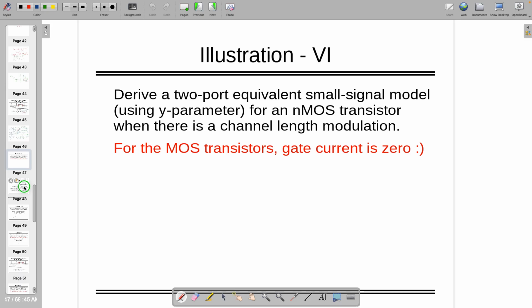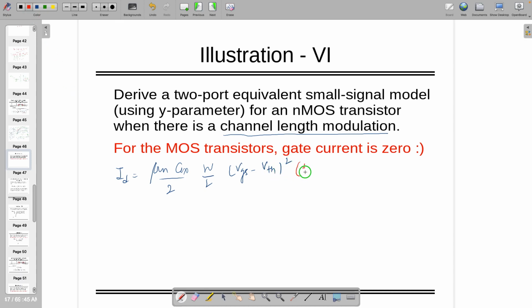Okay, so now the work is for you, that you need to find out the two-port equivalent model when there is channel length modulation. Understand? Earlier we found it with this equation, where there was no availability of VDS.